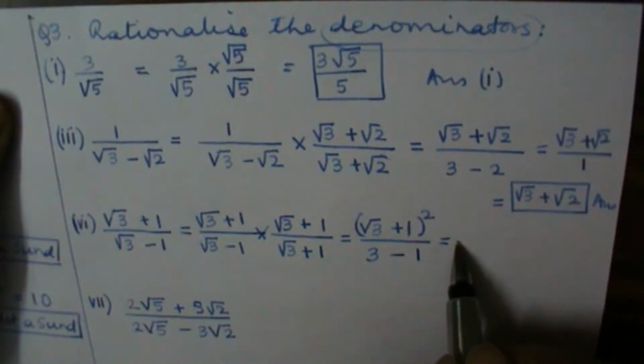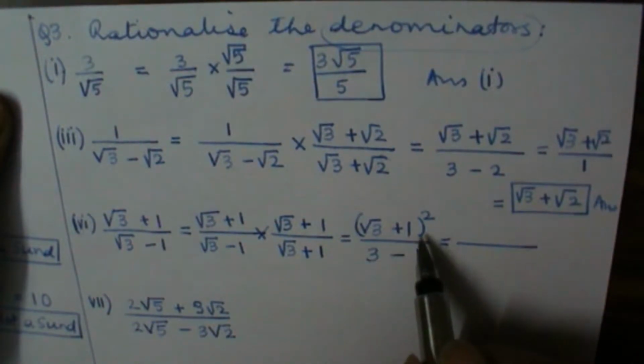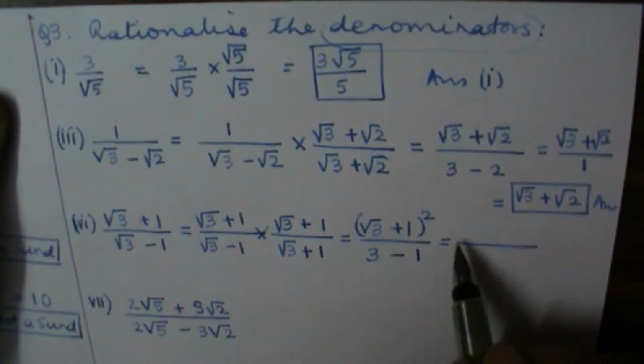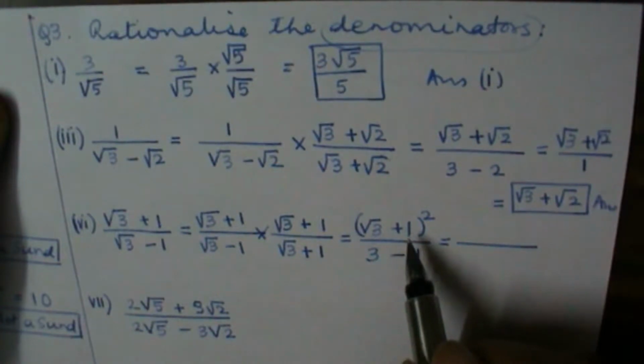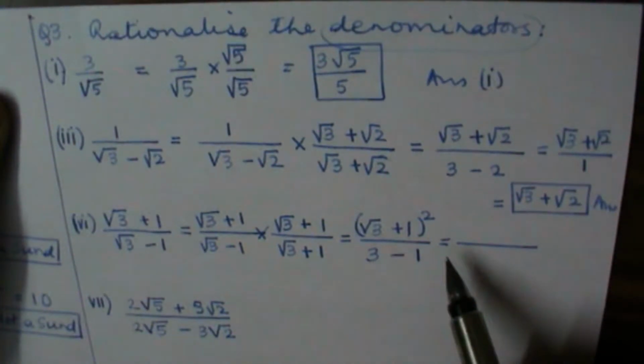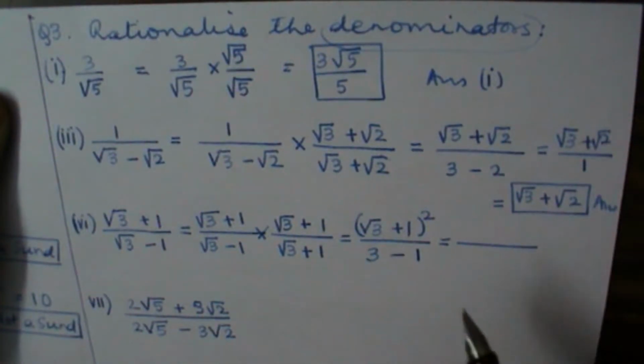So now in the numerator, let us open the bracket. We have to expand this. So it will be root 3 square because it's a plus b whole square. What is a plus b whole square? A square plus 2ab plus b squared.